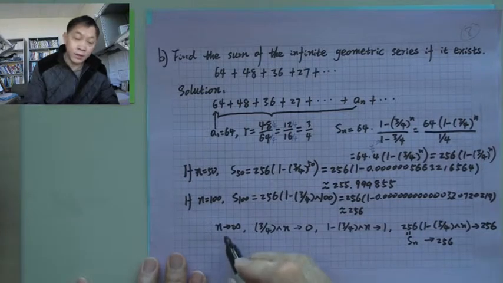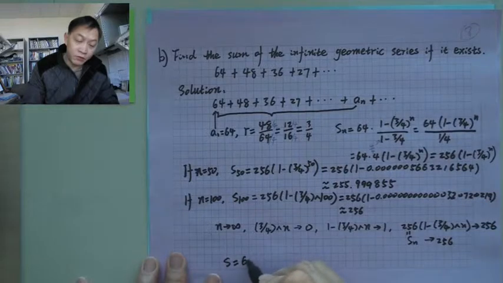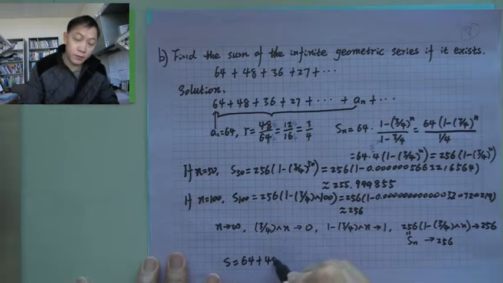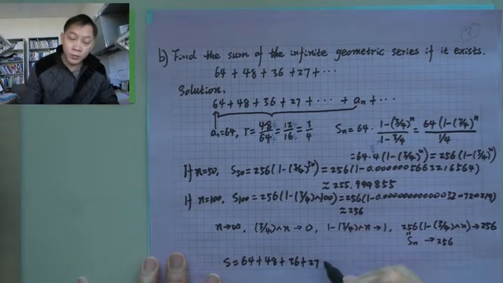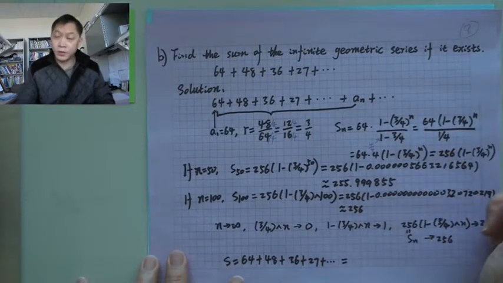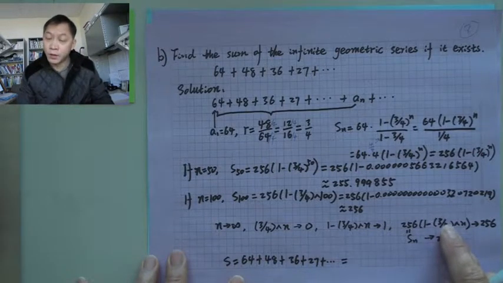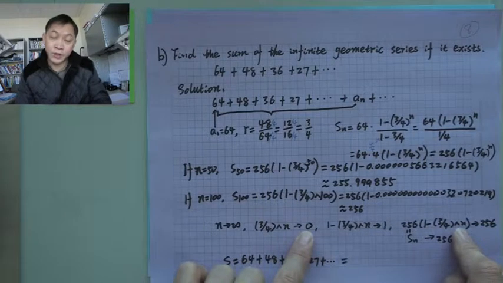Then we say S, the sum for 64 plus 48 plus 36 plus 27 plus, equals what? Equals is just, you see, this one goes to 0. This one 3 over 4 to n, this one goes to 0.